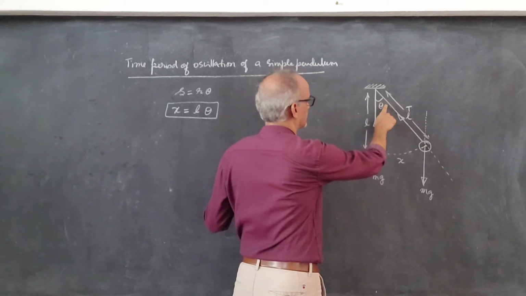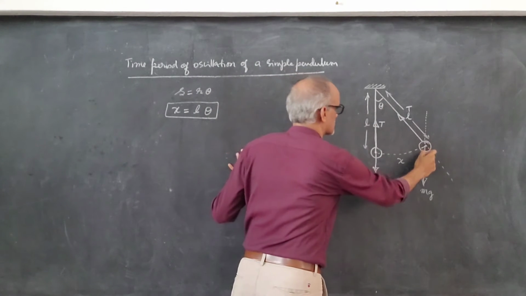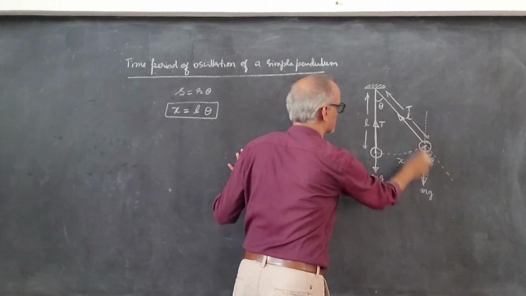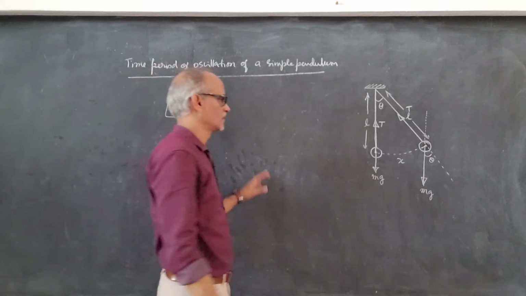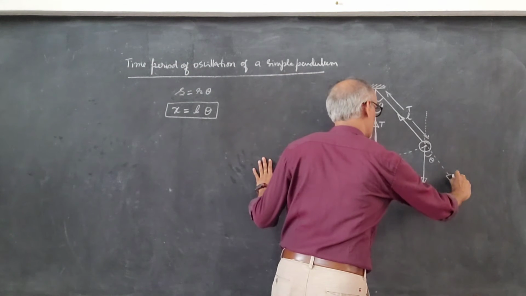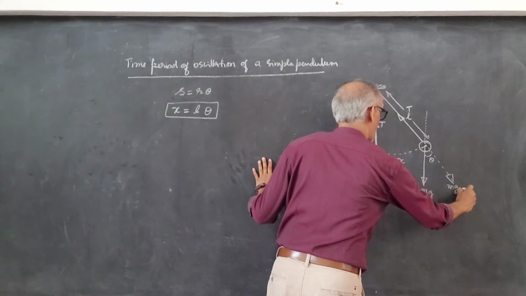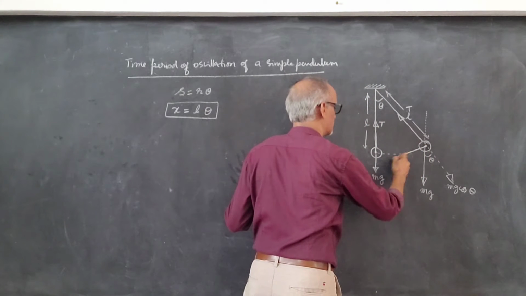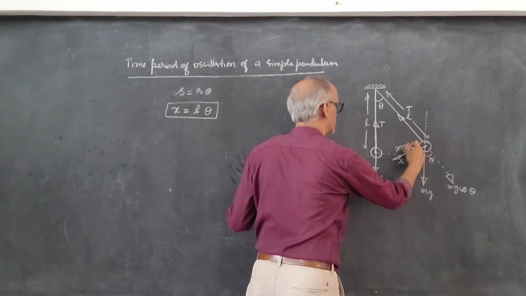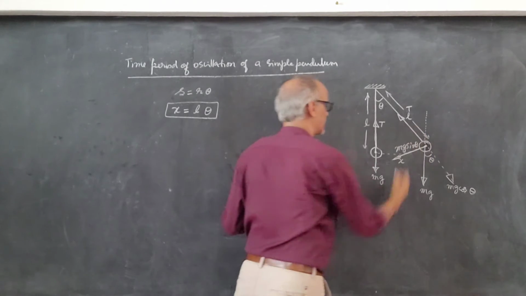So if this is theta, this angle is also theta, which is a corresponding angle. If this is mg, this component will be mg cos theta, and the exactly perpendicular component is mg sin theta.